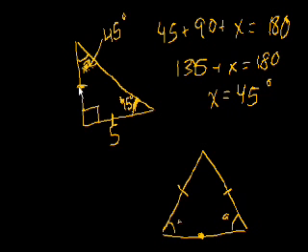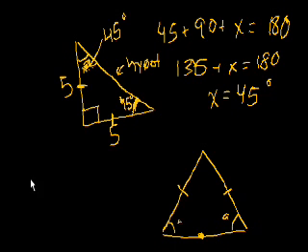And I think you might be experiencing an aha moment right now. Well, if this side is equal to this side, I gave you at the beginning of this problem that this side is equal to 5. So then we know that this side is equal to 5. And now we can do the Pythagorean Theorem. We know this is the hypotenuse, right?